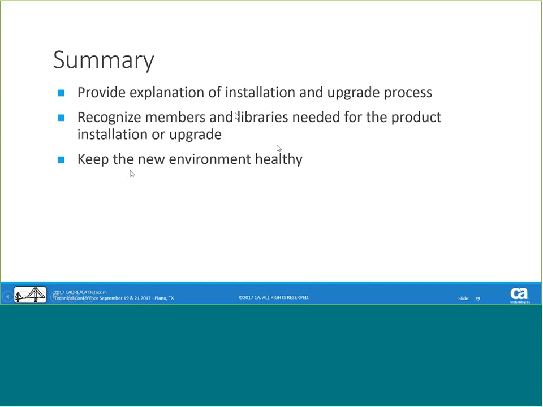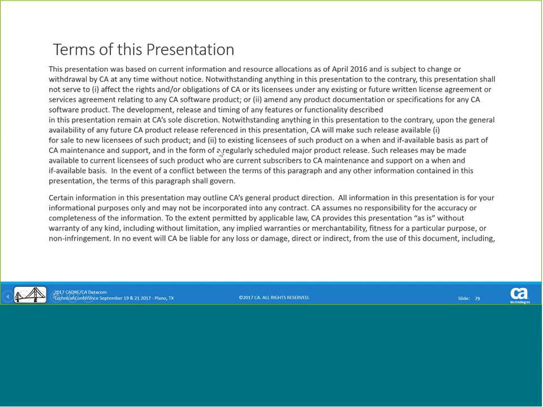And keeping the environment healthy by applying maintenance on a regular basis, and looking at changing to utilizing the Shadow MUF as a way to protect yourself in implementing the maintenance. If you already have the ability to migrate to the Shadow, that makes this real simple. If you don't have that methodology, you have the failover issue, but it's still recommended that that's what you do.